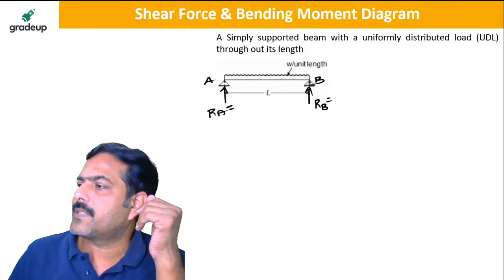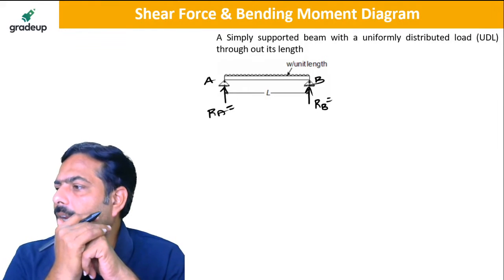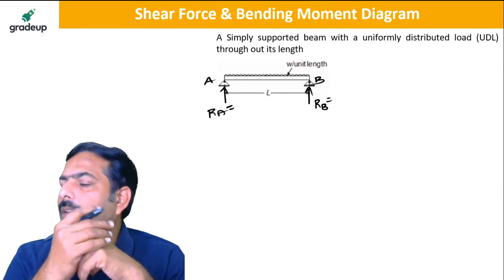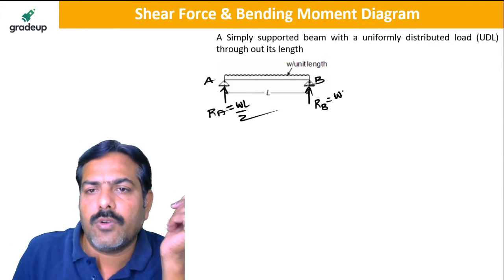How much is RA and how much is RB? Very good. It is equal to WL by 2 and this is also equal to WL by 2.